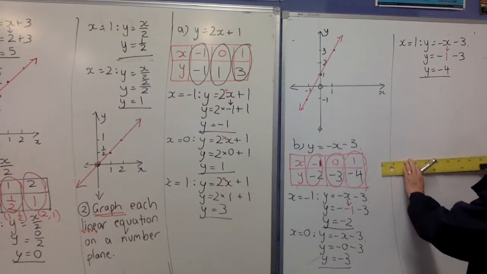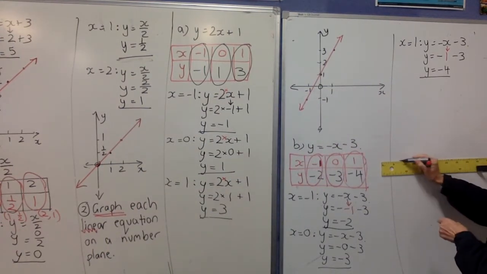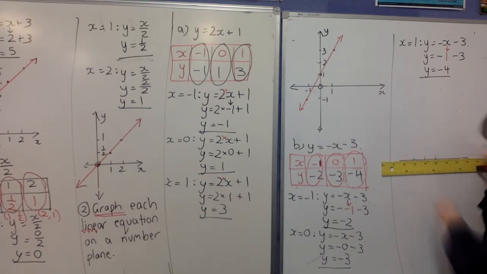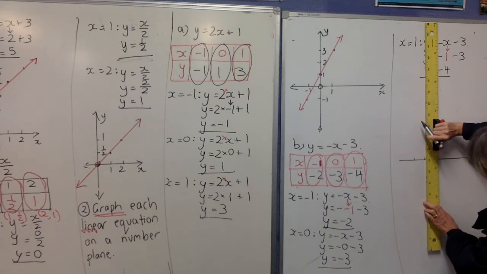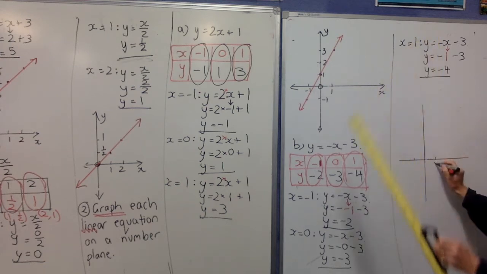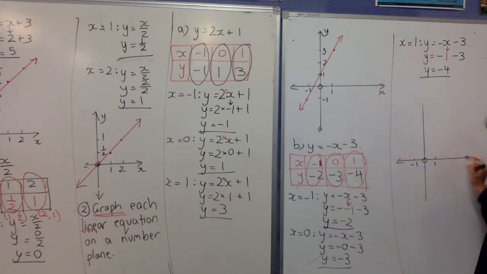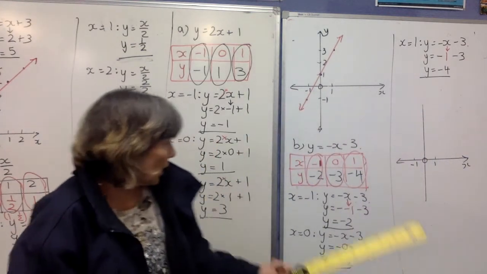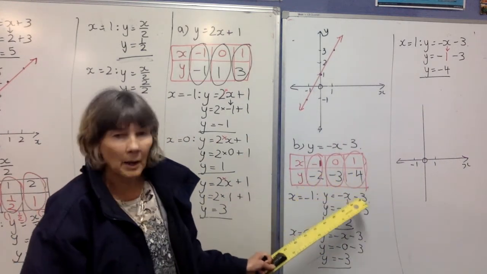So let's draw it up. -1, 0 and 1. The y-axis is going to go through where I was putting the 0. Okay, -1, 0 and 1, that's our x-axis. And our y-axis only is -2, -3, -4.